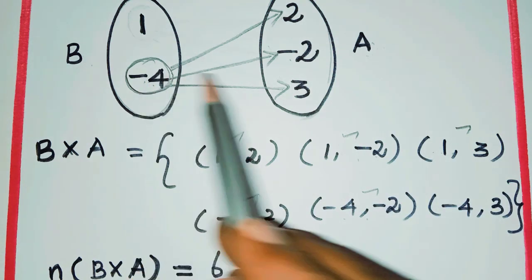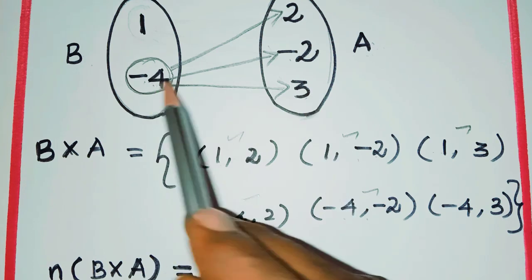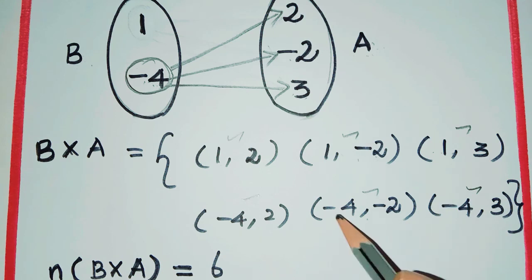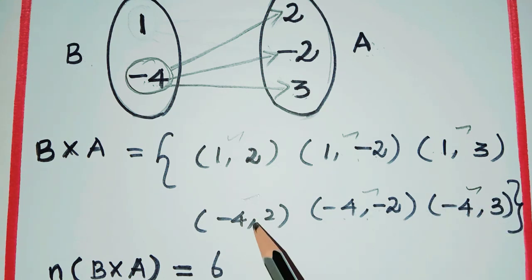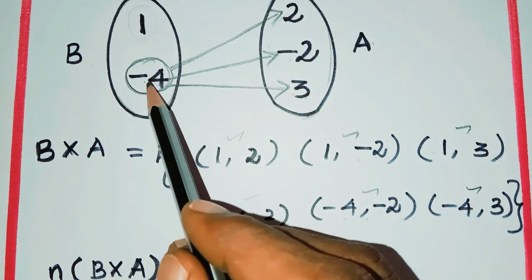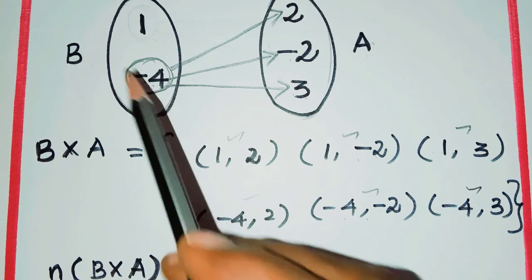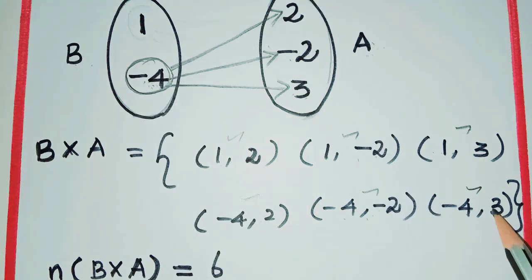Next, minus 4 is paired with 3: minus 4 comma 3 is the third ordered pair. These are the 3 ordered pairs using the second element of B, that is minus 4. Using minus 4 we get 3 ordered pairs. The first elements are minus 4.